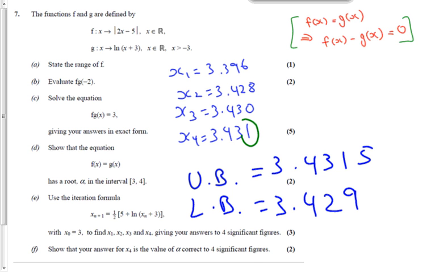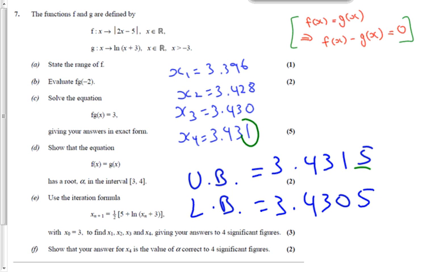I have to be very careful here, which is the obvious mistake, because we take half a unit above and below.